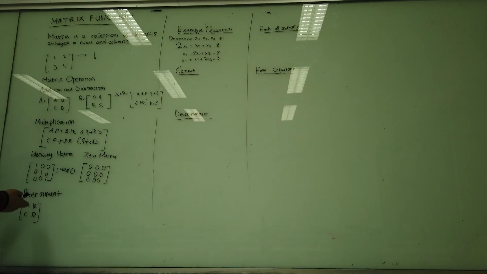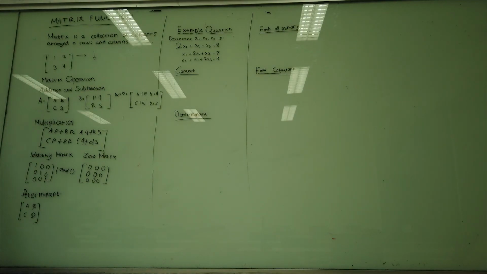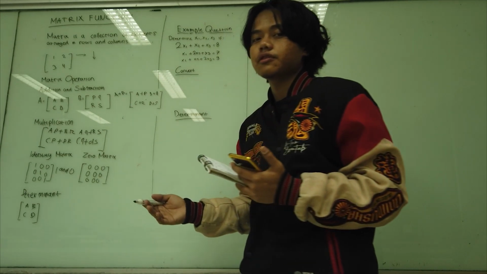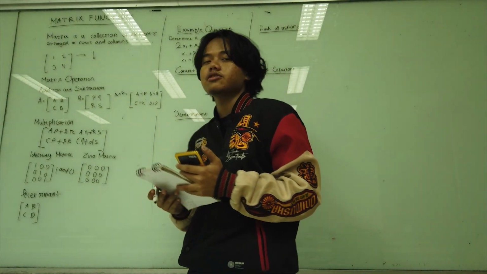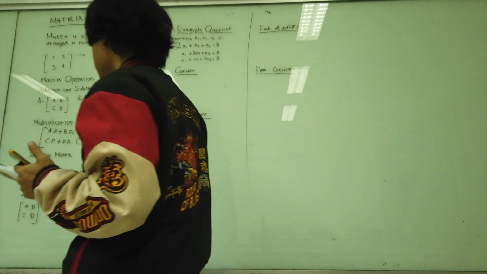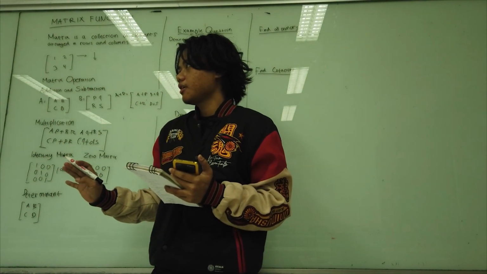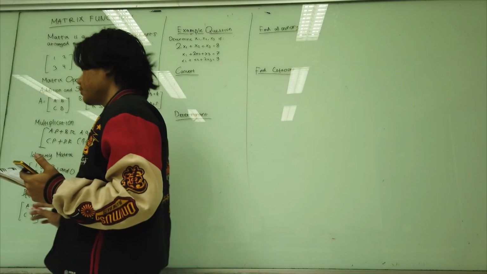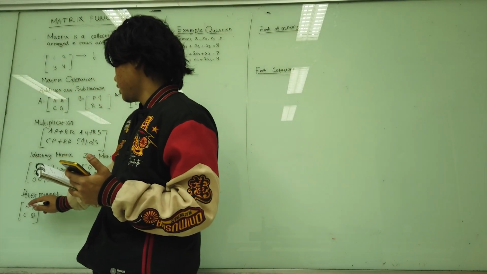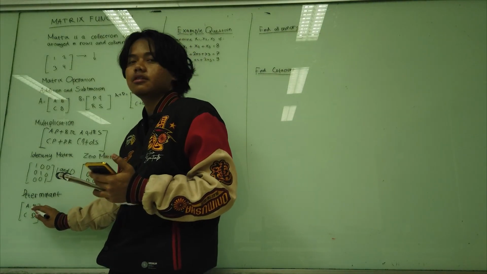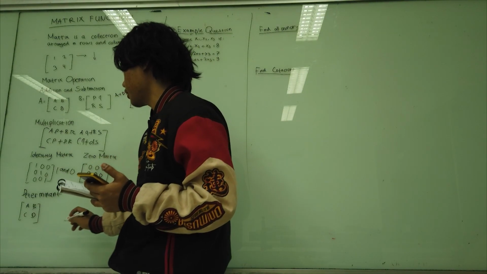And then we have a determinant. So what is a determinant? Determinant is basically a signature number that is used in a matrix to solve a function or an equation. On how to find it, we just multiply diagonally and subtract the other part.